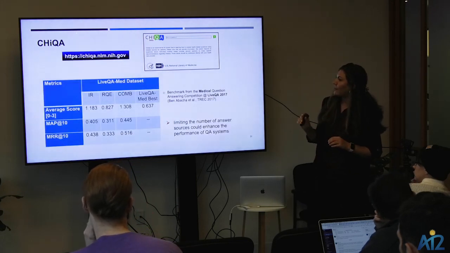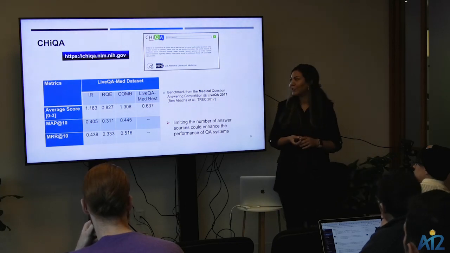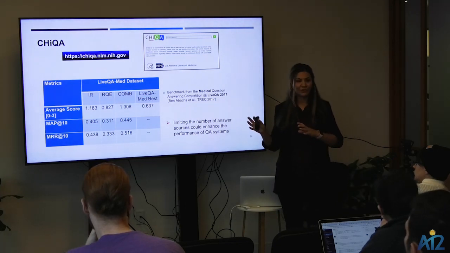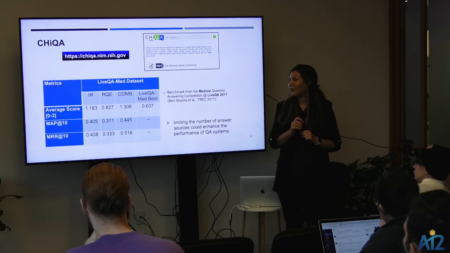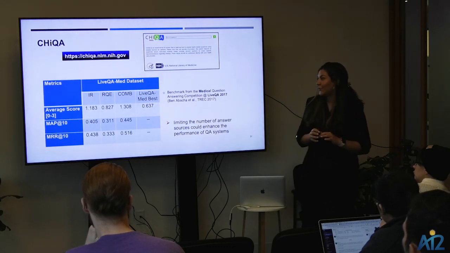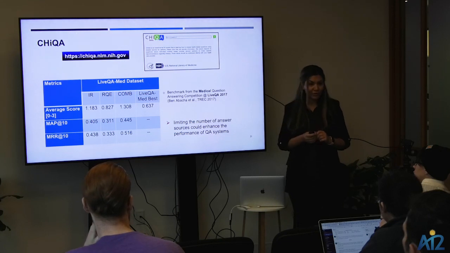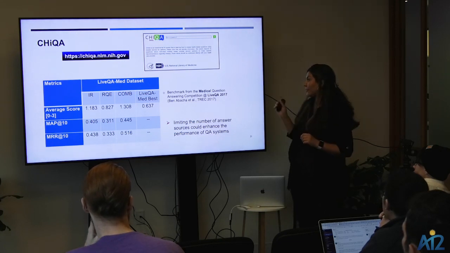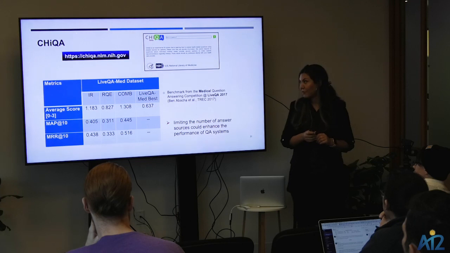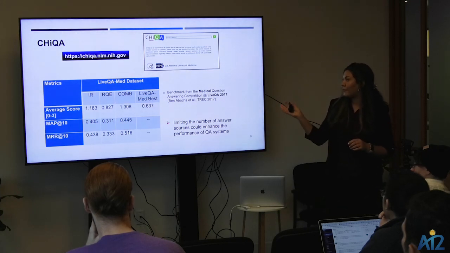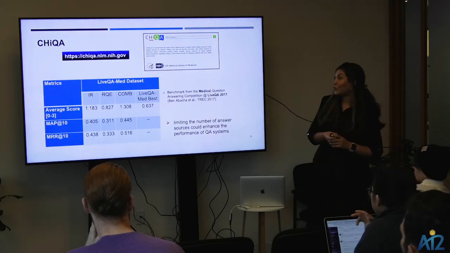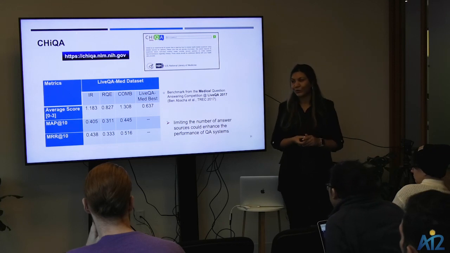We did a blind manual evaluation to evaluate the performance of each of the modules and also the combination. Using the hybrid approach, we achieved a 1.3 average score using the TREC LiveQA 2017 benchmark. And the best result in the challenge was a 0.6 average score.